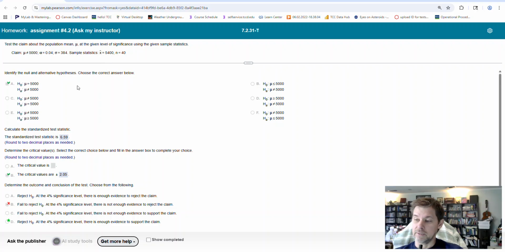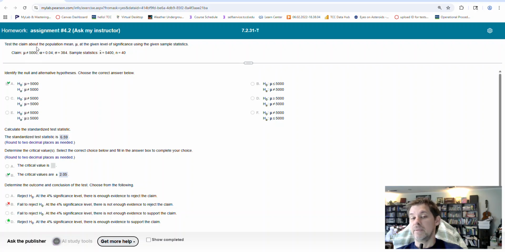So we always start with saying what are the null and alternate hypotheses, and this claim is not the null hypothesis because it doesn't involve an equality. If it said the claim is population mean equals 5,000, it would be the null hypothesis, but that's not what it says. It says population mean not 5,000.